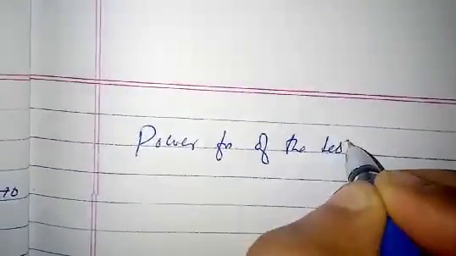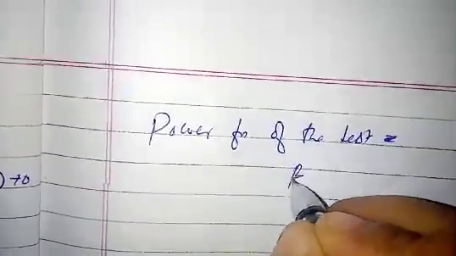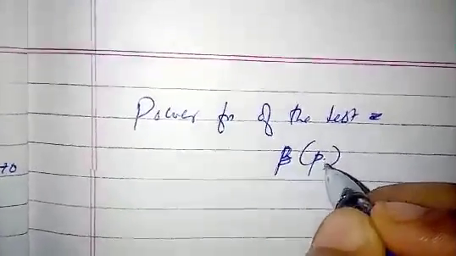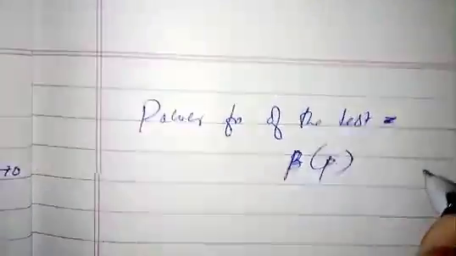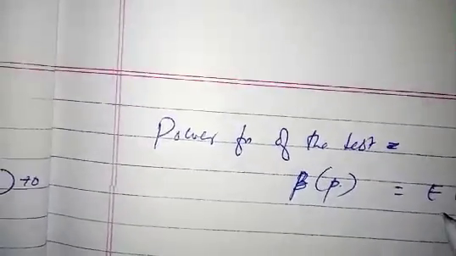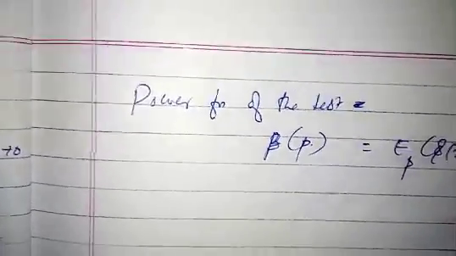Okay, then we need to find out the power function. What is the power function of the test? The power function of the test is the probability of rejecting H0 under the parametric space, that is beta of p. Here the parameter is p, so we note it as p. Beta of p equals expectation of phi of x under the parametric space.